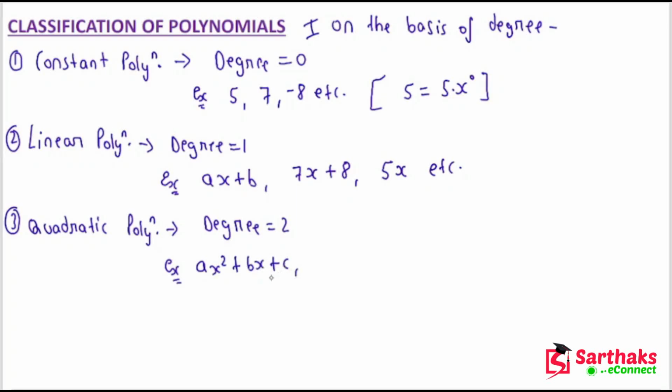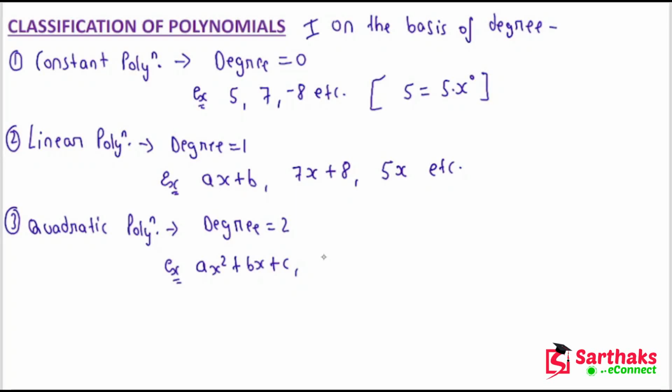Generally you can write a quadratic polynomial with a maximum of 3 terms, because if you start adding more terms, they would be either of x square, x, or a constant, so you can combine them. Here a, b, c are all rational numbers and a should not be equal to 0, because otherwise it would not be quadratic, as this term would become 0.